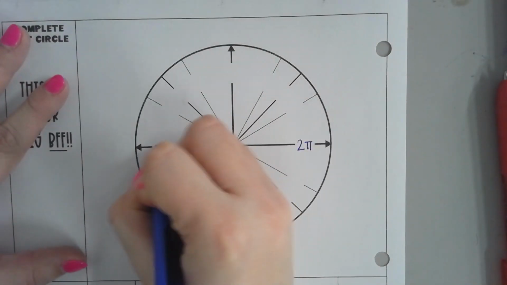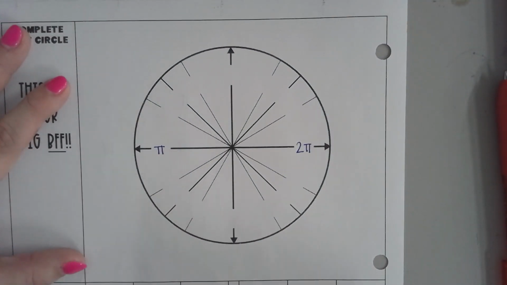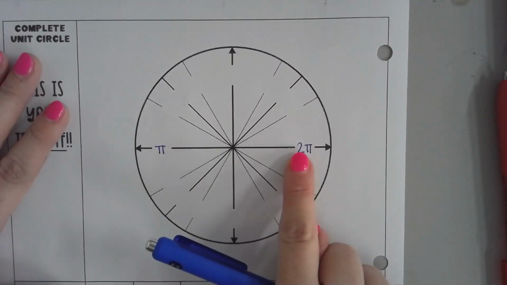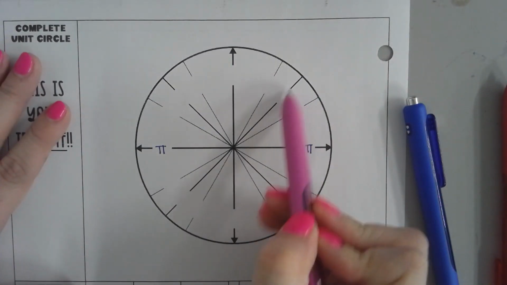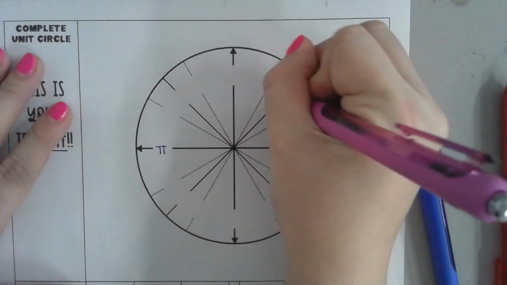I know this is 1 pi. And then I'm going to do my fourths. Go to the one in the middle. That one is 1/4. So pi over 4.